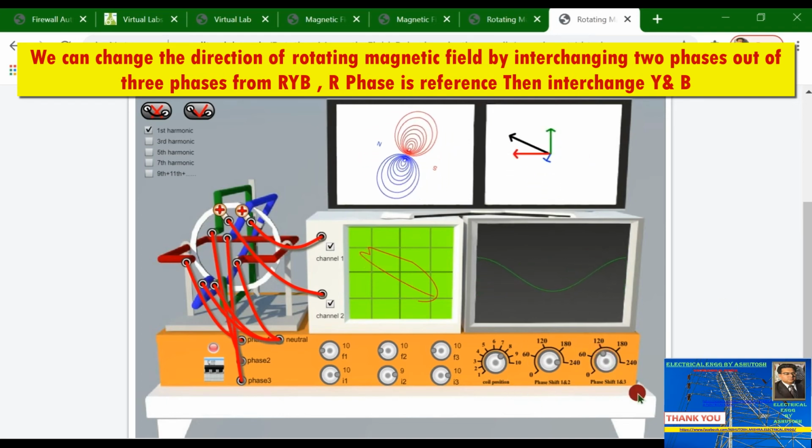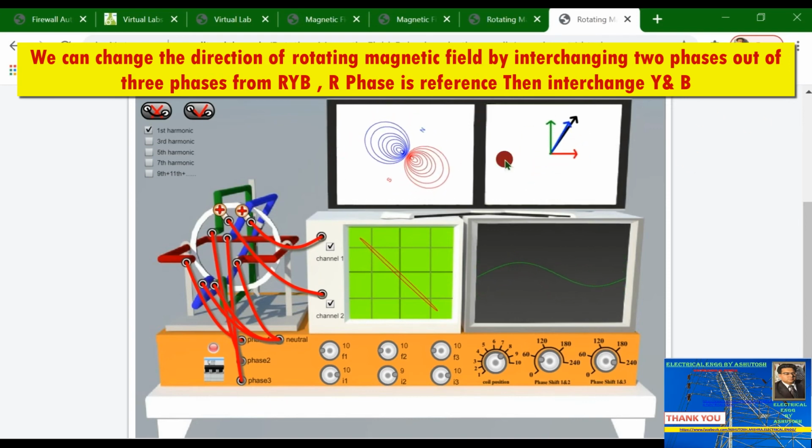You have changed the phase shift between first and third to 120 degrees, and between first and second to 240 degrees. So the direction of the magnetic field is reversed. You can also change the phase shift between first and second to 120 degrees, and between first and third to 240 degrees. See this, the direction of the rotating field is changed.